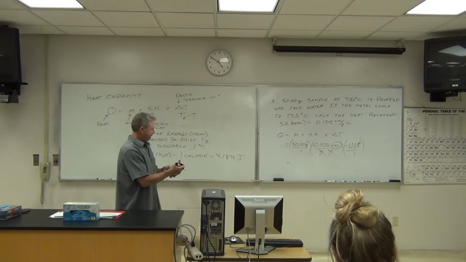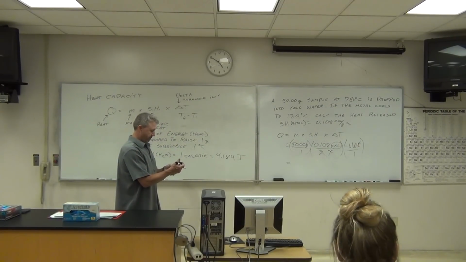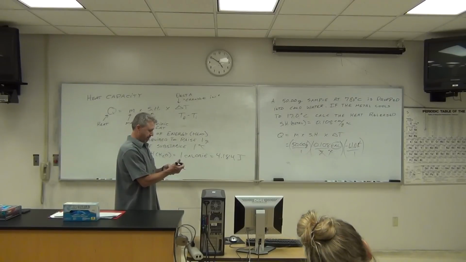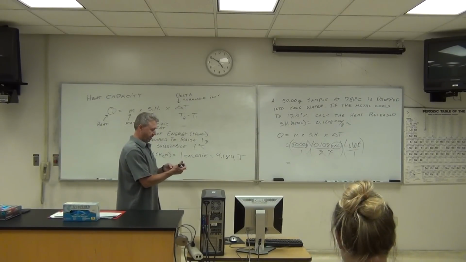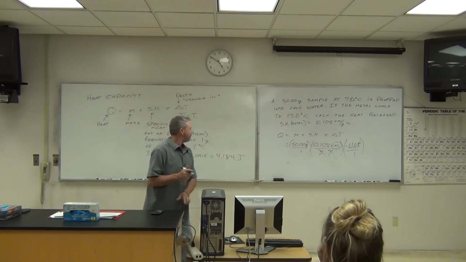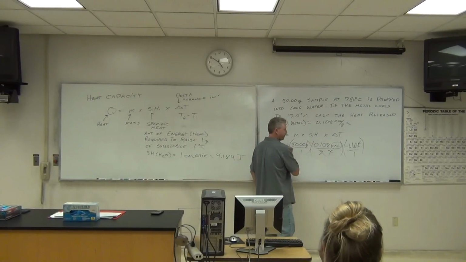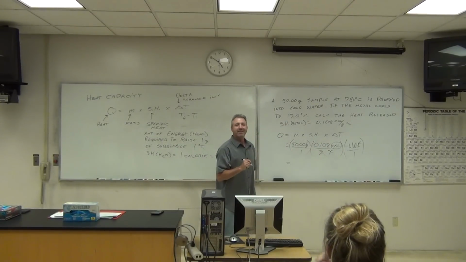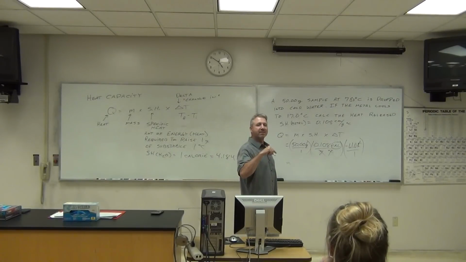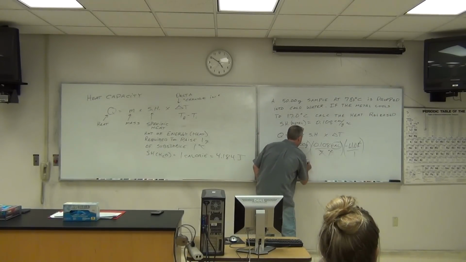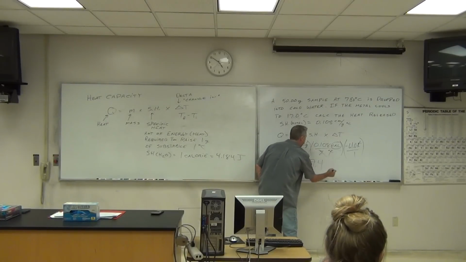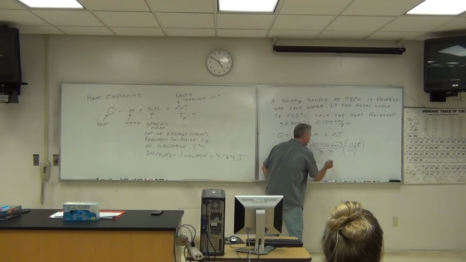50 times 0.108 times negative 61. What do you get? Sign? Yep. Negative 329.4 calories.